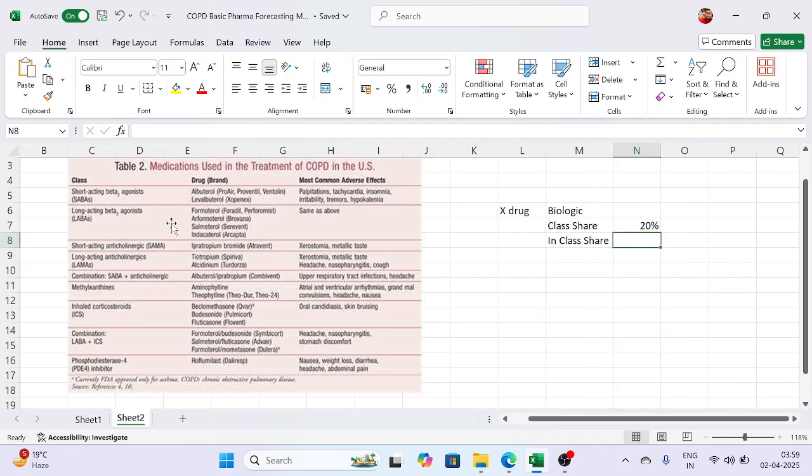Under LABA, let's say you are forecasting for the first drug, or take any drug.